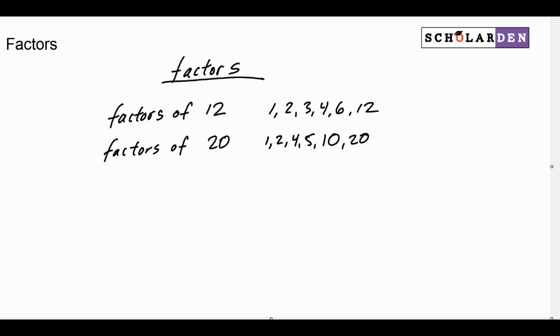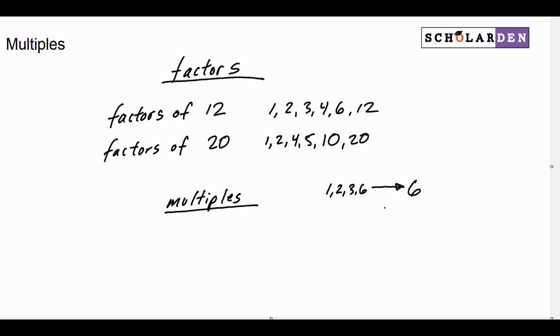So factors of a number are what go into that number. Then there's also something called the multiples of a number, and that's what that number itself goes into. Okay, so if we think about it this way, let's take the number 6. The factors of 6 are what go into it, and those are 1, 2, 3, and 6. They divide into 6.